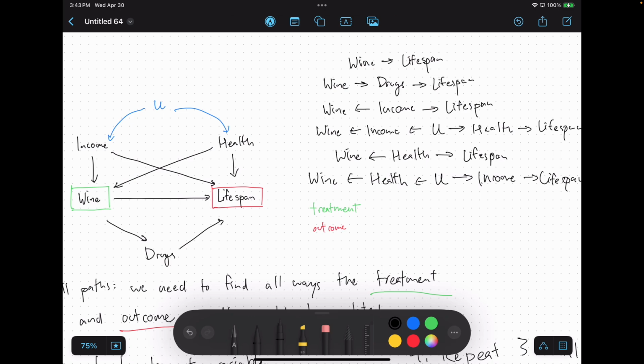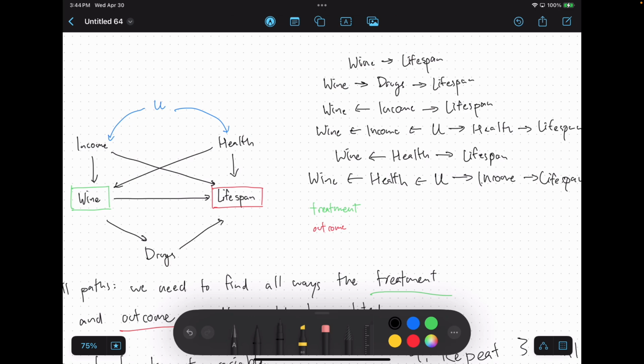If I look at this path, income going to wine, income going to lifespan. If you observe variation in wine and lifespan and income, then you have what's known as an open path. If I have no variation in my income, but I do observe variation in wine and lifespan, I have no basis for which to relate wine to lifespan in that path, right?